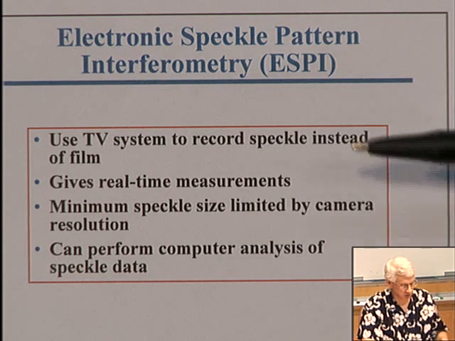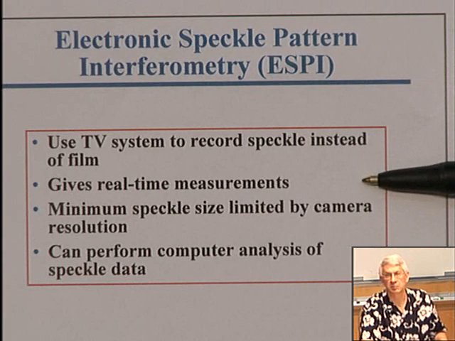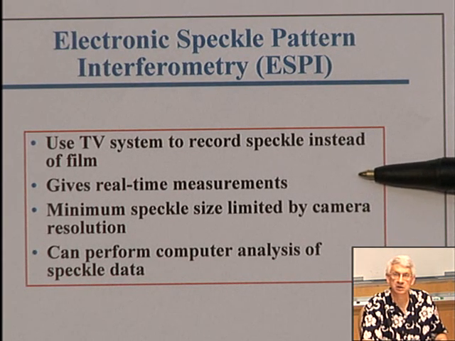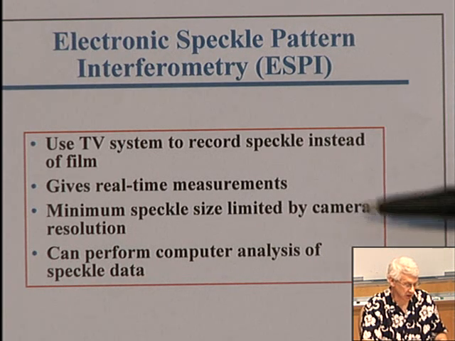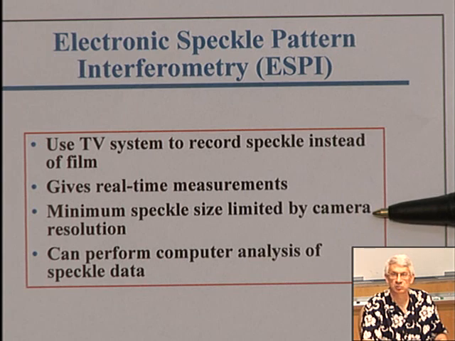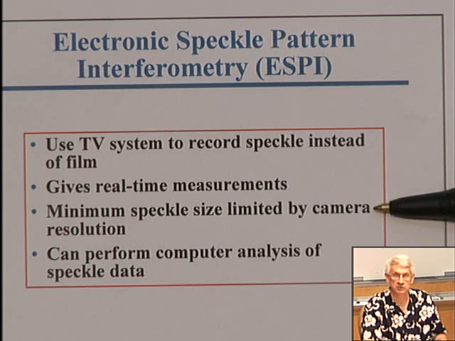Things have gotten a lot better since then. Okay. So the idea is to get real-time measurements. We don't have to work with photographic plates, emulsions, envelopment, that sort of thing. And the minimum speckle size, then, as we talked about earlier, is actually just the point spread function of the camera that we're using.